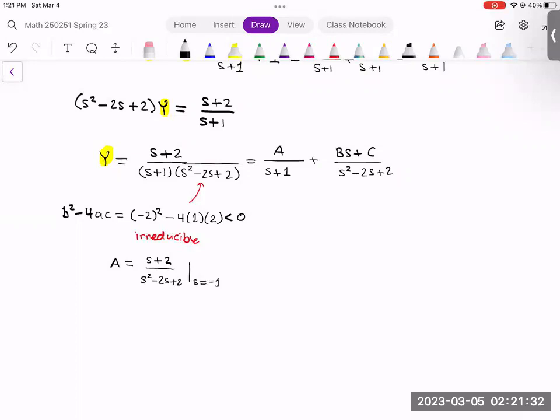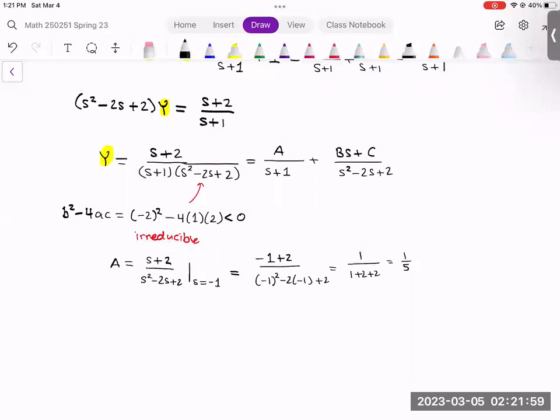So we're going to be plugging in s equals negative 1. And this gives us negative 1 plus 2 over negative 1 squared minus 2 times negative 1 plus 2, or 1 over 1 plus 2 plus 2. So 1/5.